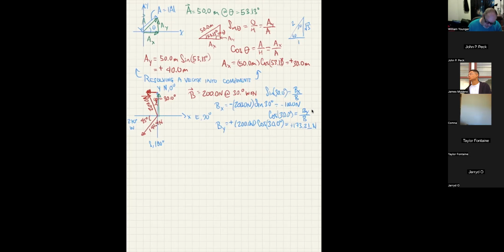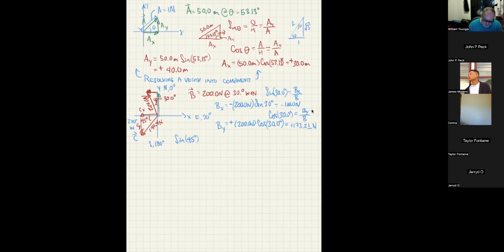I can call this vector C. And what I would do is I'd say the sine of 45 degrees is opposite over hypotenuse. So I can see already that this is going to be a negative component, and this too is going to be a negative component. So this is C sub X, and this is C sub Y.